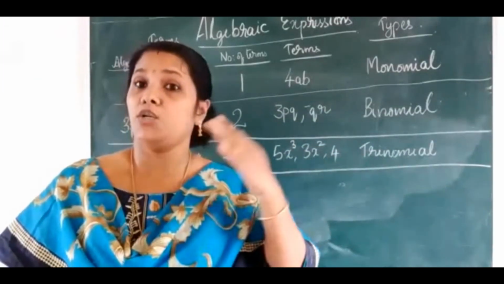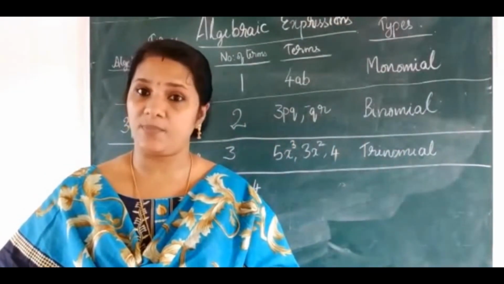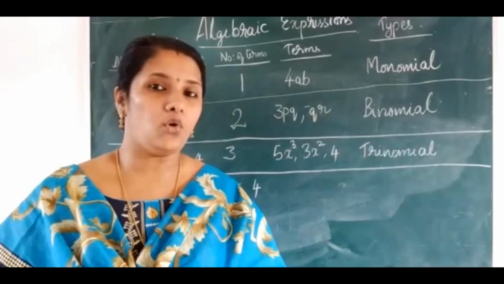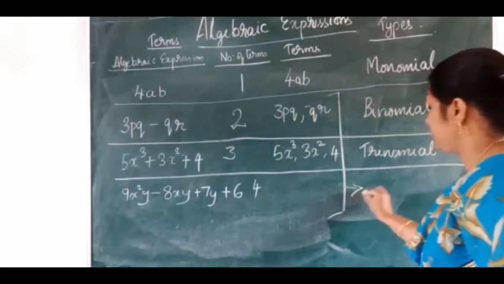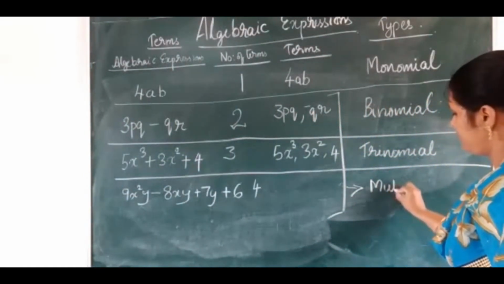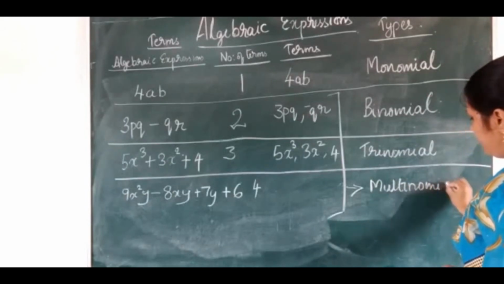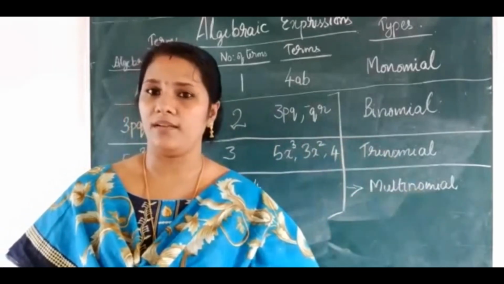Commonly, if there are 2 or more terms for an algebraic expression, we can call it as a multinomial.